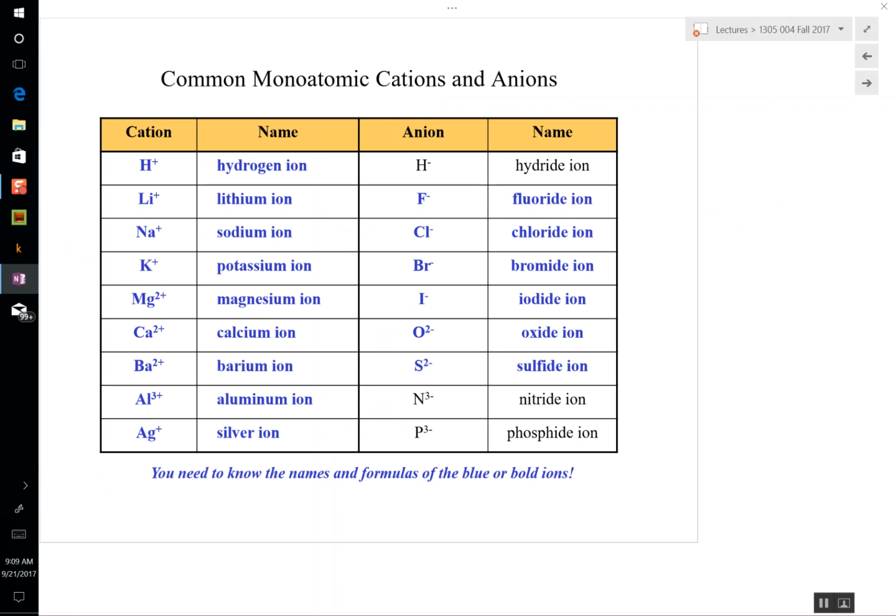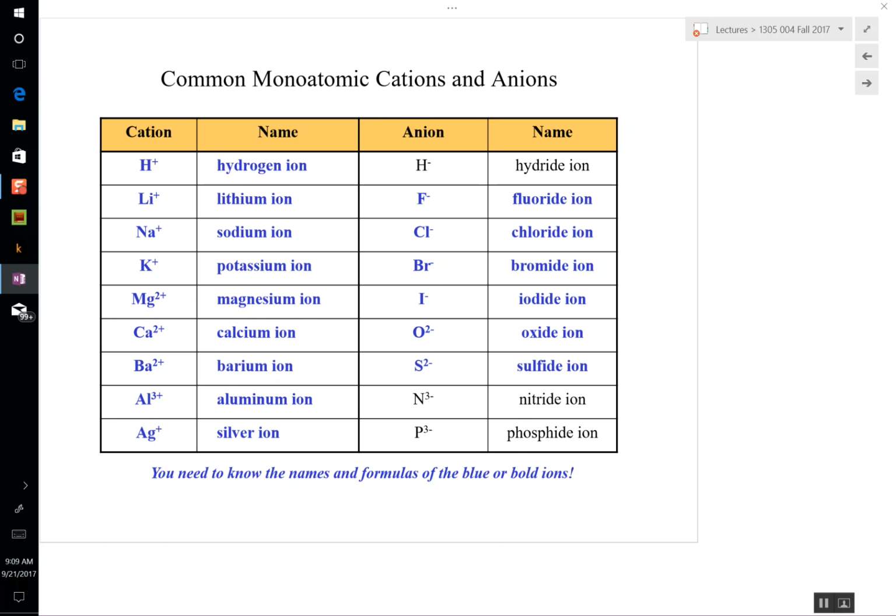There's those charges. There's some of the most important ions, and you should really know all of this. The nitride, the phosphide, the hydride. Now look at hydrogen. Hydrogen is usually a positive 1 ion. And you'd say, oh, that makes sense. It's right there in column 1, positive 1.